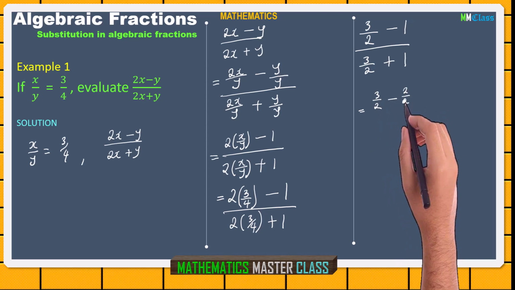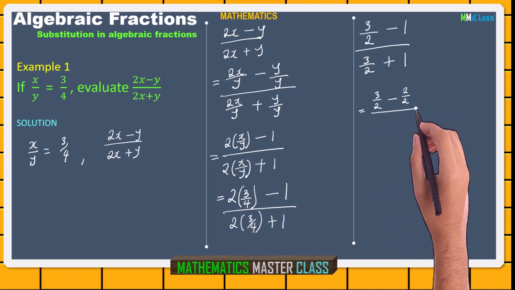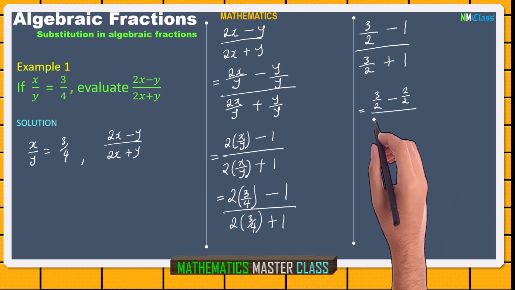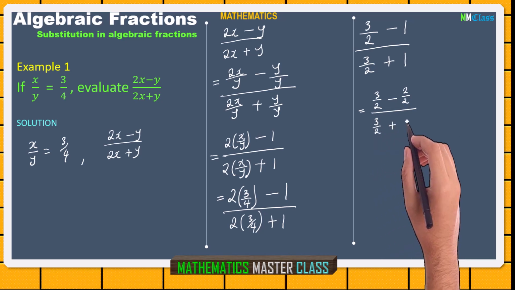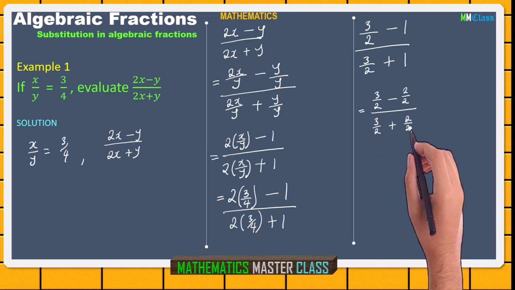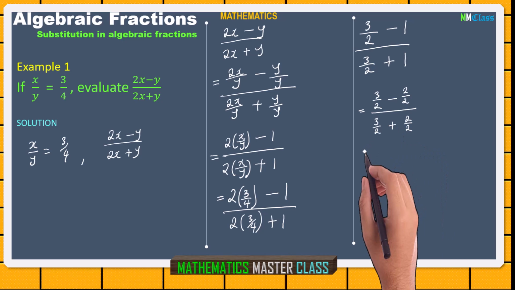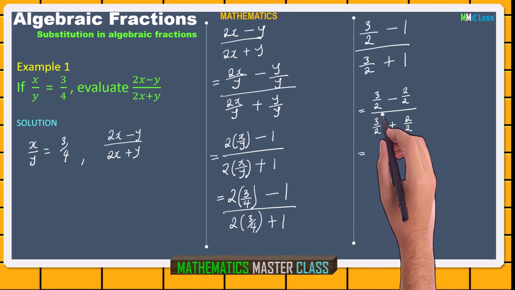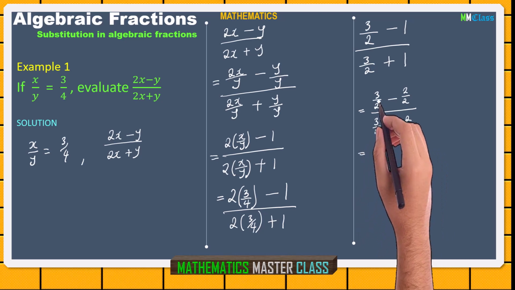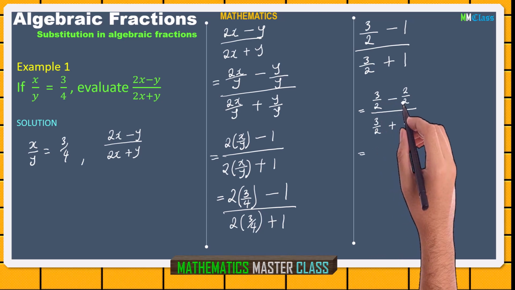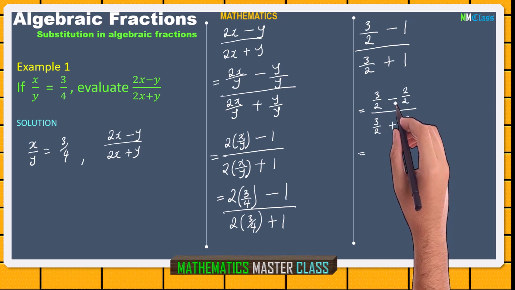Remember, 2 over 2 is the same thing as 1. Then the denominator, we have 3 over 2 plus 2 over 2. 2 over 2 is the same thing as 1, to make it a fraction and make it easy for us to solve.